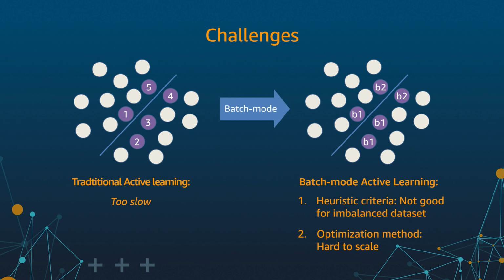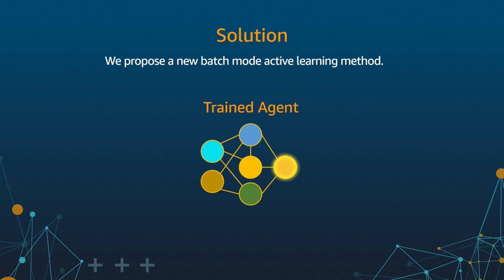The heuristic criteria, such as uncertainty scores or diversity scores, are relatively slow and provide low performance for imbalanced datasets, which is our use case. The full optimization method is suitable for small-size datasets and is hard to scale to our use case, which contains millions of data samples. So we propose a new batch mode active learning method.